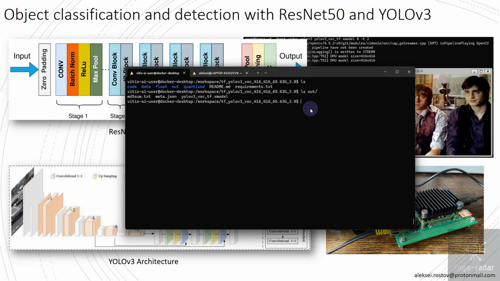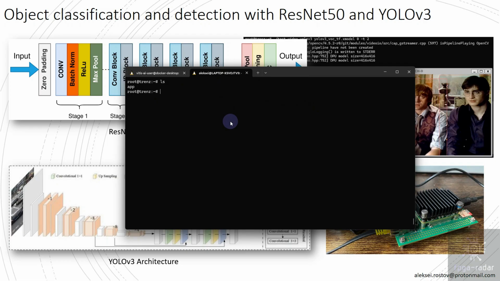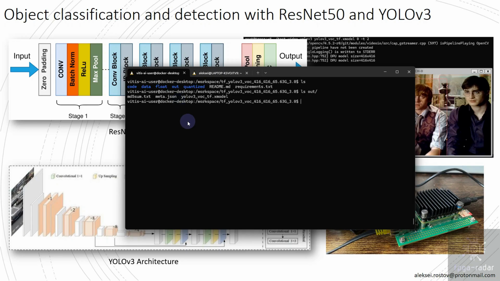Okay, before that, let's go to the target again. Here on the target, I will create a new folder. Let's make a dir and call it YOLOv3. Okay, and let's copy two files. Basically here we need two files.